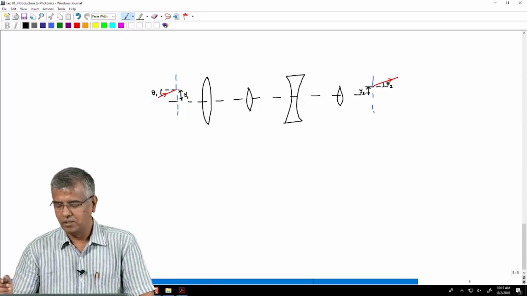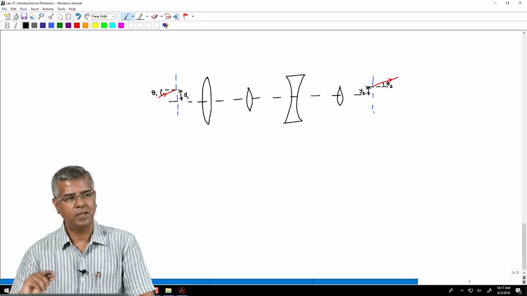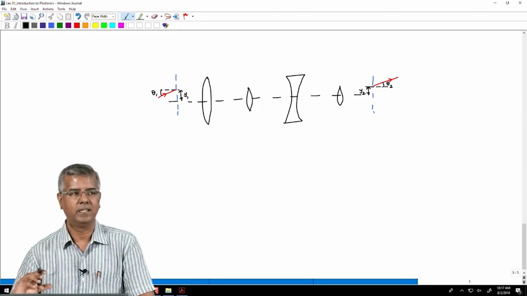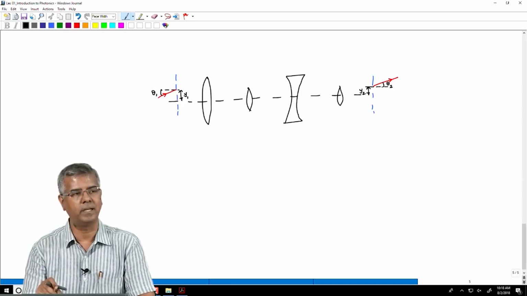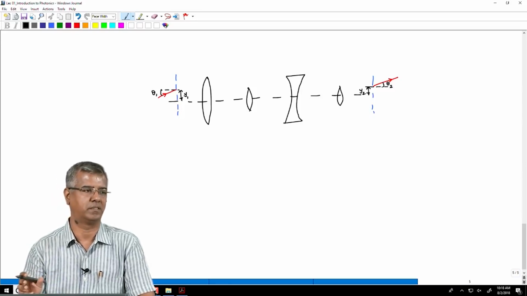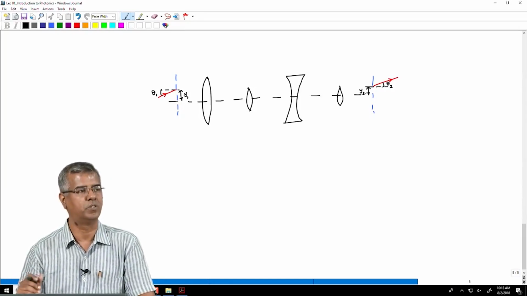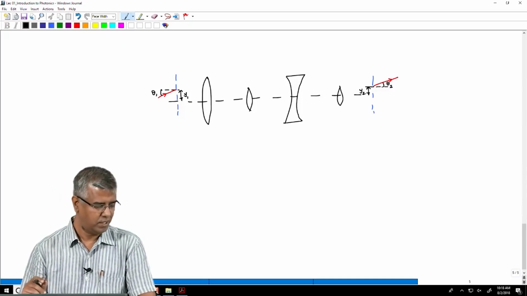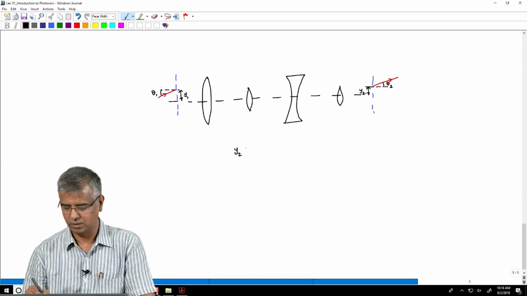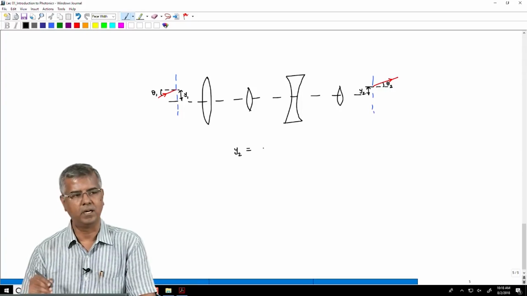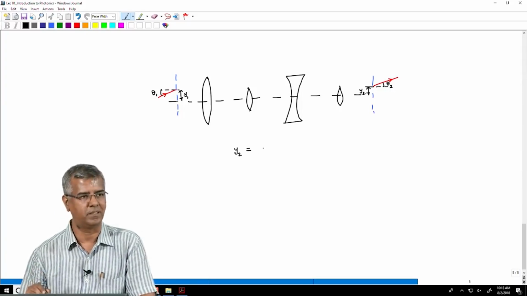Okay. So, the idea is, if you are talking about a linear homogeneous system, that is within that lens it is all homogeneous, or within the propagation between the lenses it is all homogeneous medium, you can actually write the output y2, okay, in terms of the input parameters.